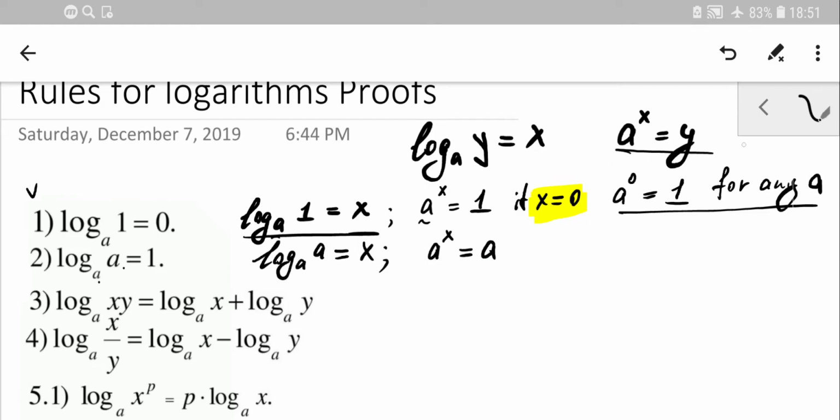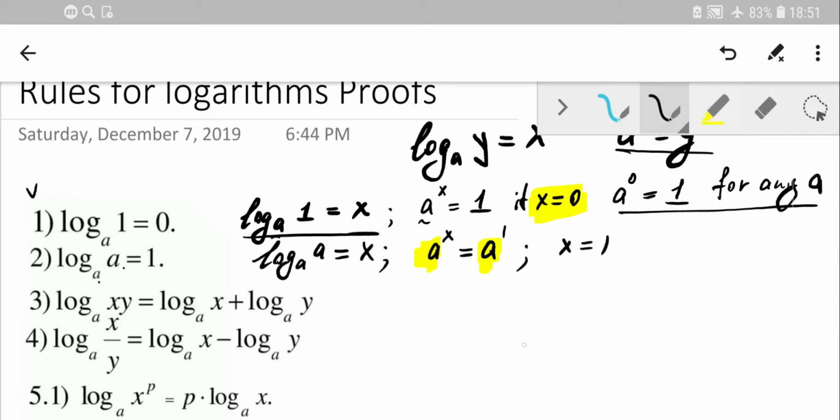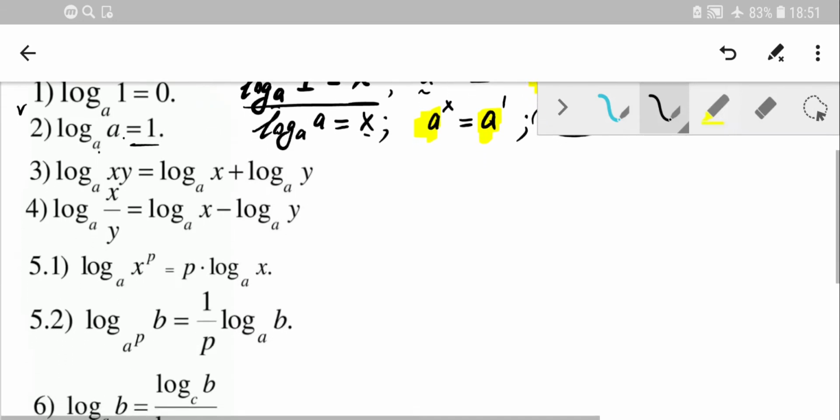You know how to solve this sort of equation when the bases are the same, which means x is equal to the power that stays here. So this is 1, so x is 1. We just proved that the result is 1, and we proved the second property. Okay, so let's move on.